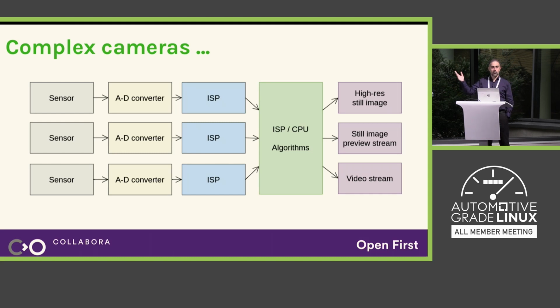In a mobile phone, for example, we would have these 3 use cases that I have on the slide. You might want to take a still picture, high resolution. You might want to take a high resolution video stream. You might also want to take a low resolution video stream for the purpose of showing it on the screen so that you can preview what you're going to take.